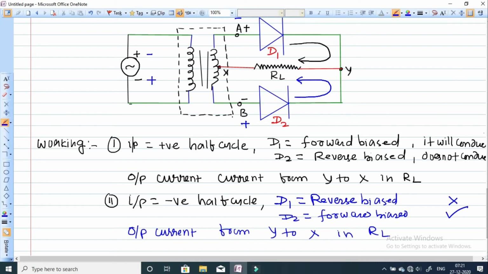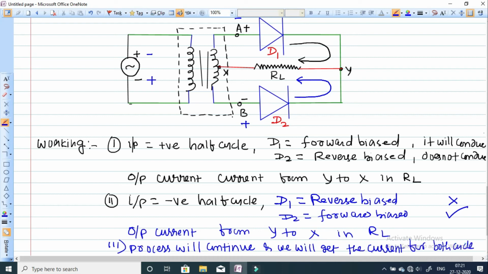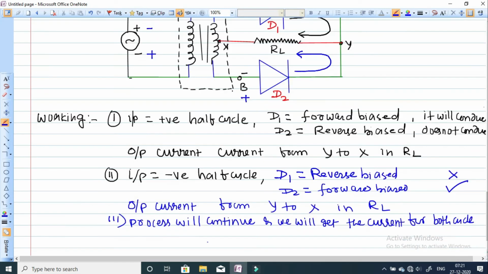This process will continue, and we will get output current for both cycles of input AC. And since the current is unidirectional, flowing in only one direction, that's why it is direct current.